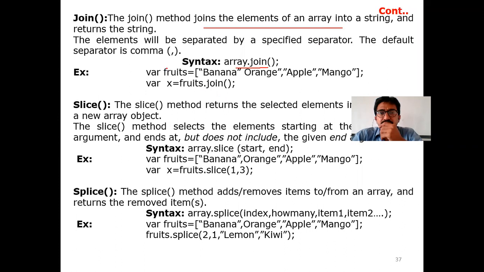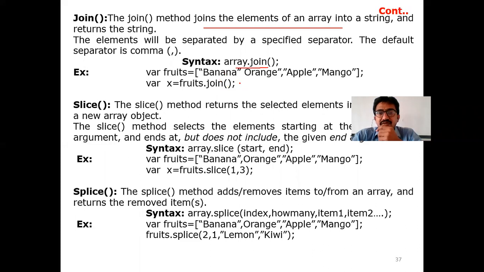The elements will be separated by the specified separator. The default separator is comma. So it will just join all the elements, and since we are not specifying a separator here, by default the comma is used.